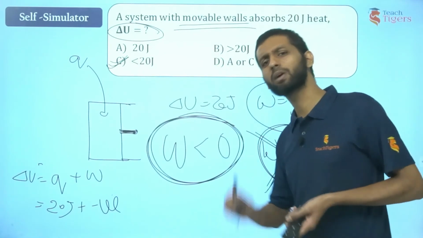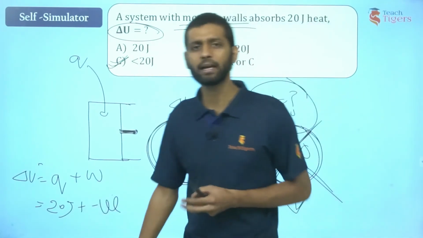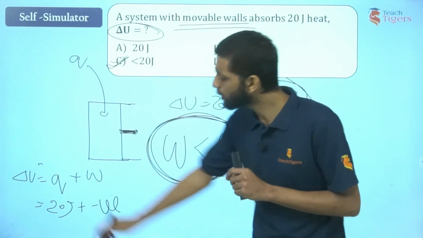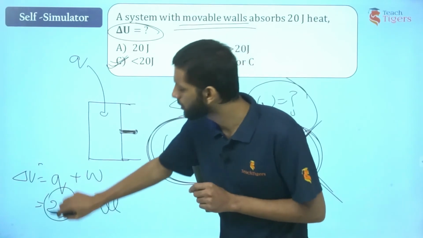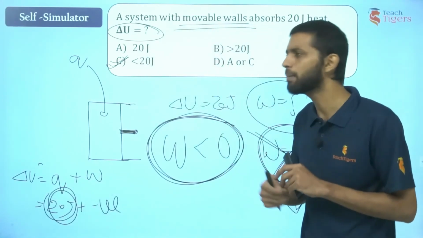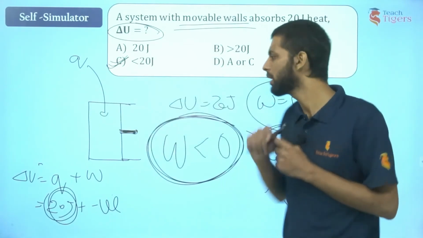In certain cases, work done might be very low negative, like if the expansion is very little, because we are only adding a very small amount of heat anyway, 20 joules. Maybe the object is so large that adding 20 joules of heat does not make it expand a lot.